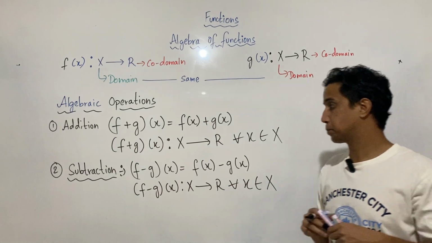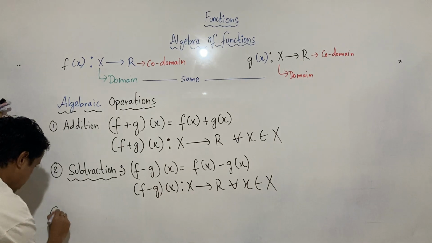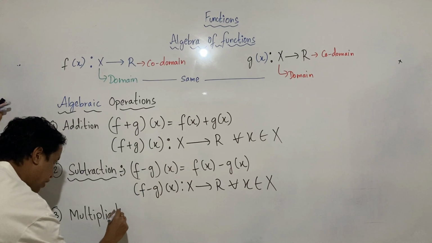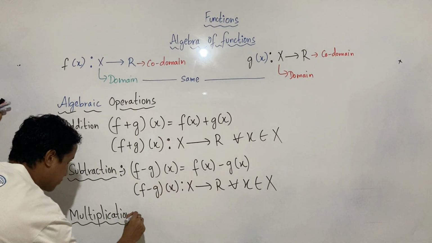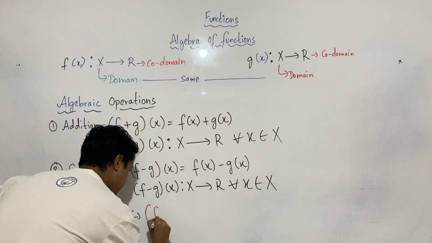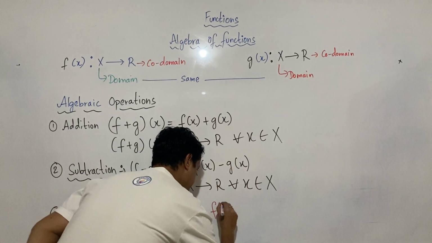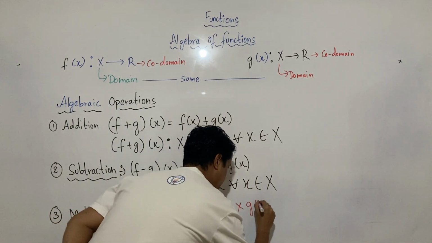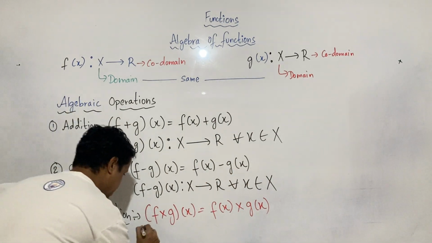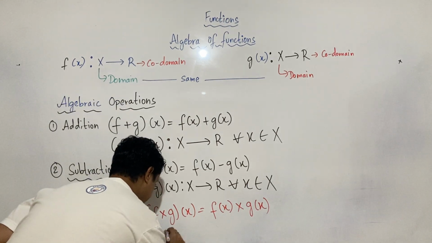Then the next operation that you can perform here is multiplication. How can you represent it? This can be represented as (f multiplied by g)(x), and it will be f(x) multiplied by g(x).